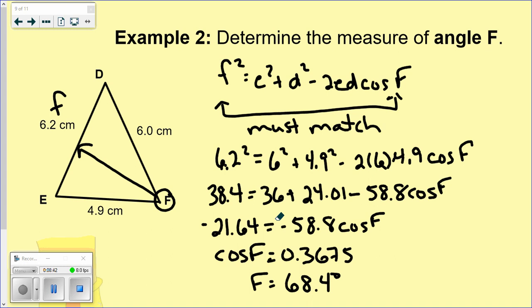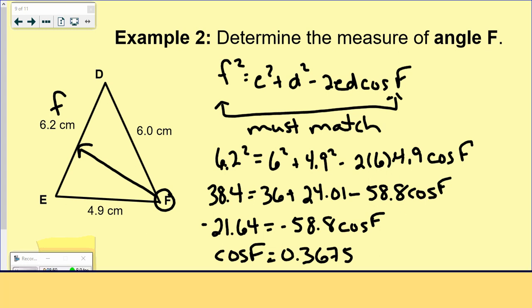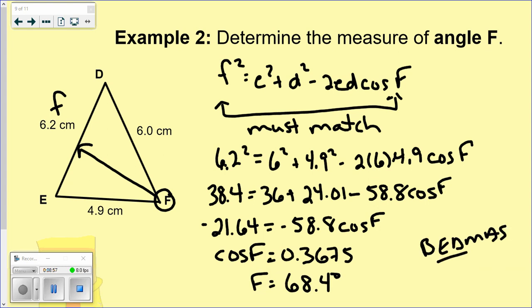So when you do your example on the next page, this is pretty much what you're going to have to do. And again, BEDMAS is where people are going to screw up. The 36 and the 24 have to be added together, and the 58.8 times cos F has to be multiplied before you can add it to the 36 or the 24. BEDMAS says the multiplication must be done first.